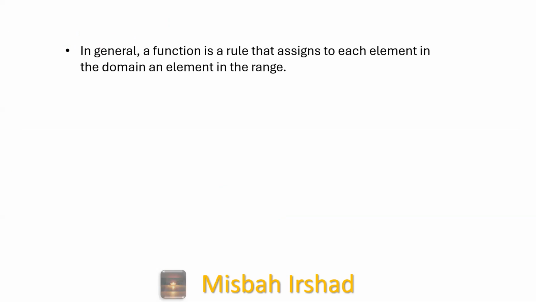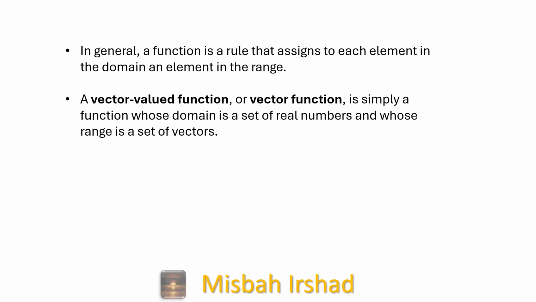In general, a function is a rule that assigns to each element in the domain an element in the range. But a vector valued function is simply a function whose domain is a set of real numbers and whose range is a set of vectors.